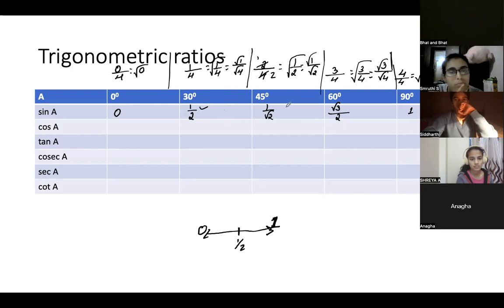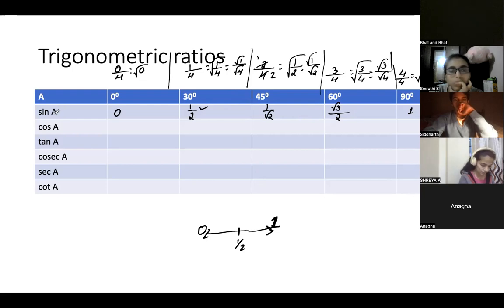Half is not written at the center. Instead, we write it here. Okay? The other two you will have to remember. Just mug it up. Whichever method you feel easy, remember in that method. But the first column you have to remember.